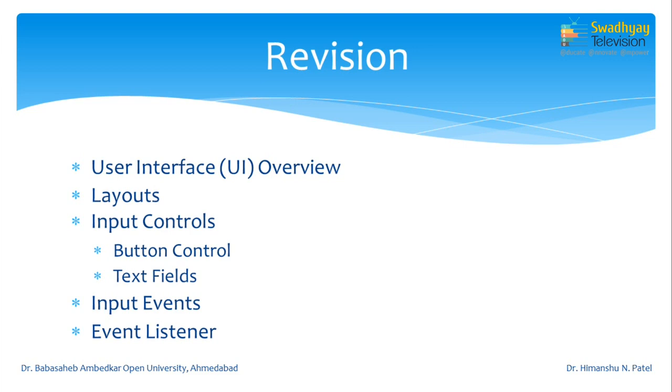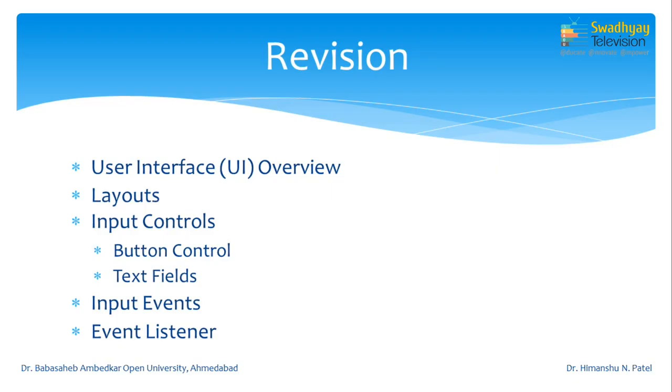We specifically concentrate on two controls, button control and text field. We also discussed what is event, how to handle event using event listener, and today now we start how to use these control for creating user interface.